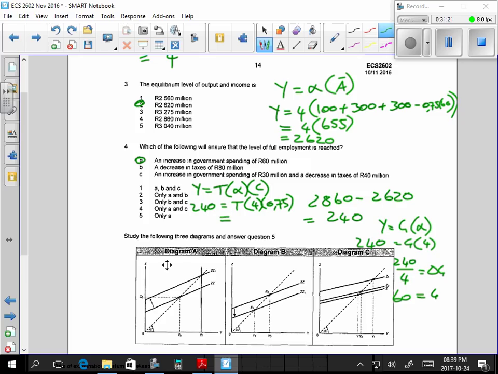So if you work backwards from that, to get a change in taxation of 80 million, which is correct.